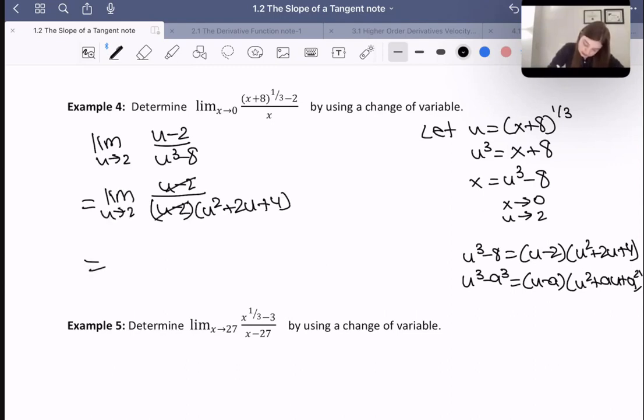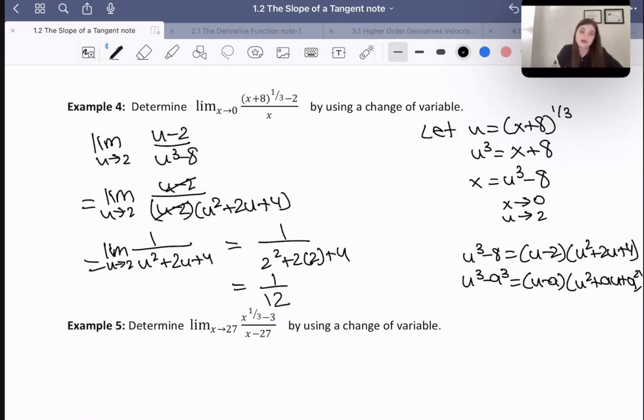And then we cancel those out. We're going to get 1 over u squared plus 2u plus 4. And now we can plug in 2, right? We're going to get 1 over 2 squared plus 2 times 2 plus 4, which is going to be 1 over 12. And so 1 over 12 is our answer using that change of variables.